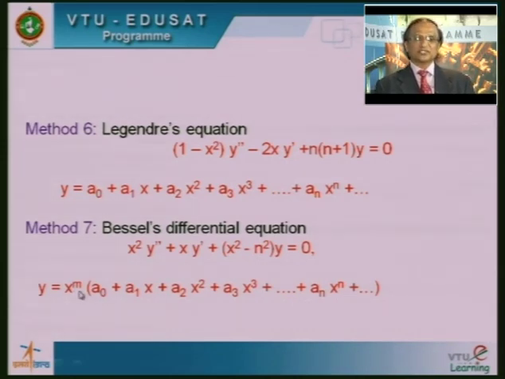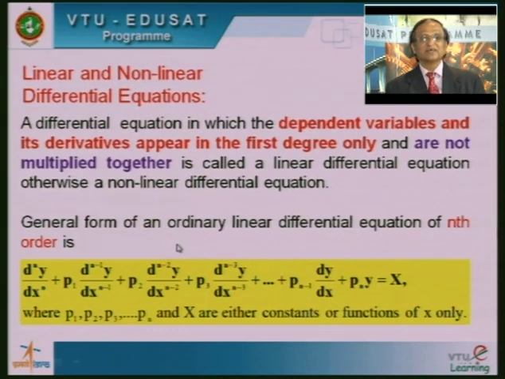Then you substitute all those values in the assumed solution. I hope your final solution may be in terms of a naught and a1. That becomes the solution of Bessel's differential equation. So, we have discussed various methods to solve a linear differential equation with variable coefficients.